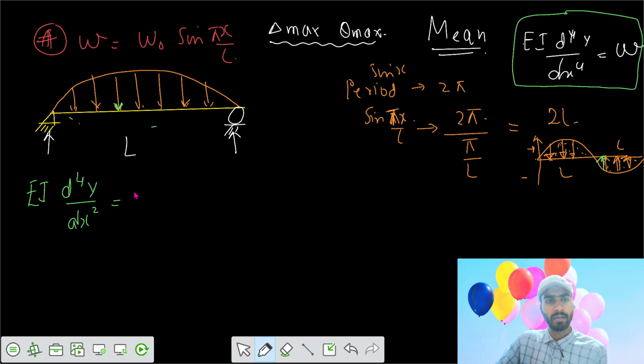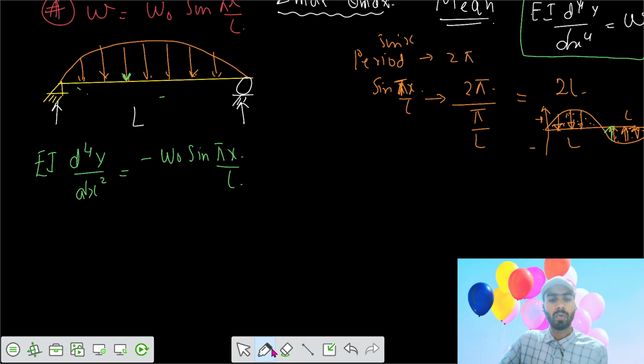For this case we have the loading intensity negative because it's acting downwards. We would say that we have W naught sine pi x by L. This is your loading intensity. Now if you want to get the deflection and slope, we have to integrate it 4 times.